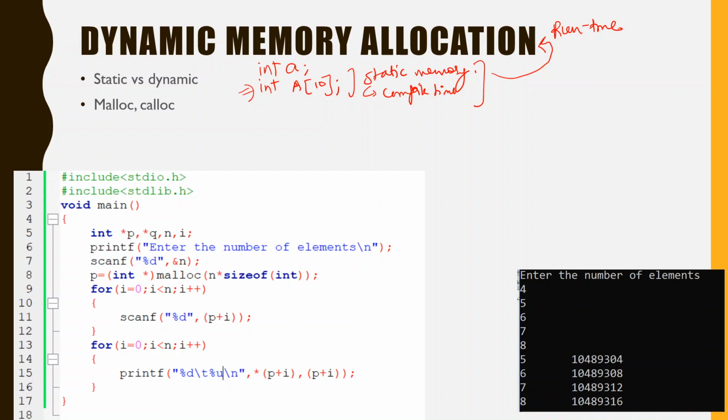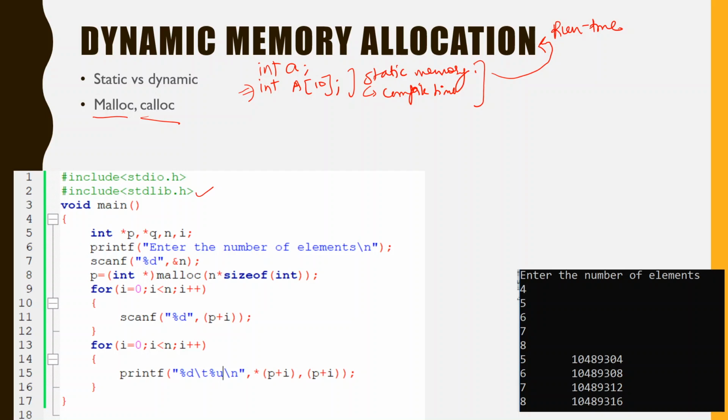There are two functions available in stdlib.h, that is malloc and calloc. These are the two functions for allocation of memory. First of all, we will see the use of the malloc function to allocate memory.